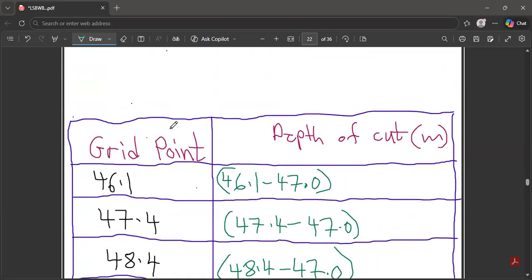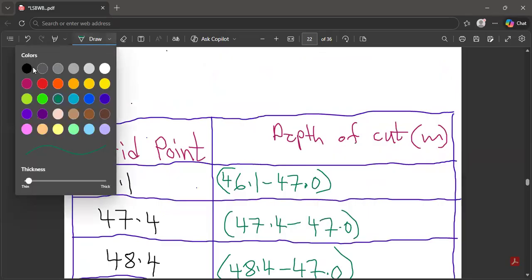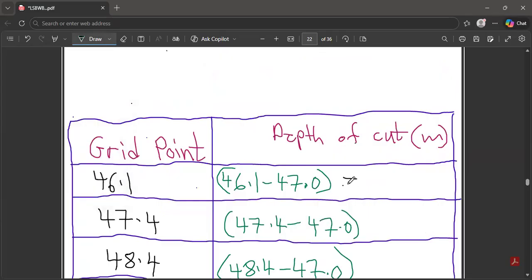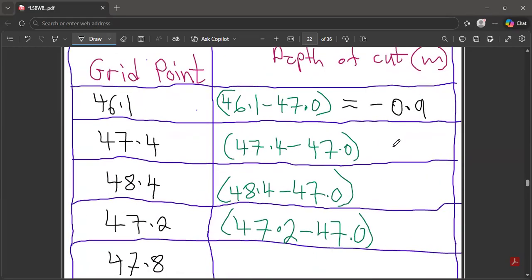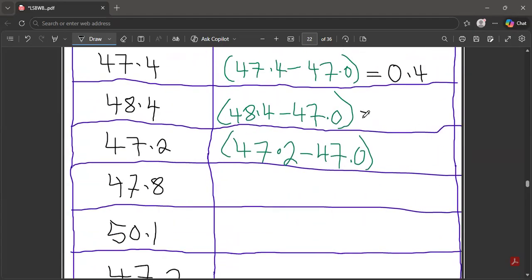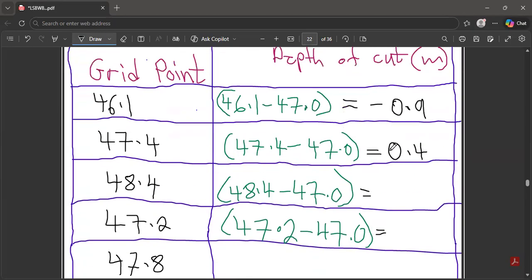Okay. So the answers are the most important. This one, if you do the subtraction, you are going to get negative 0.9. This one, if you subtract, you're going to get 0.4. And this one, you're going to get 1.4. This is going to give you 0.2.